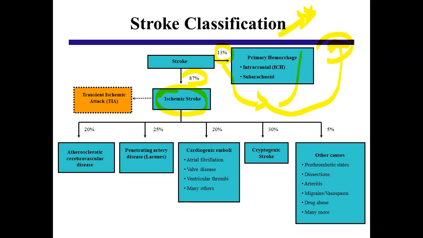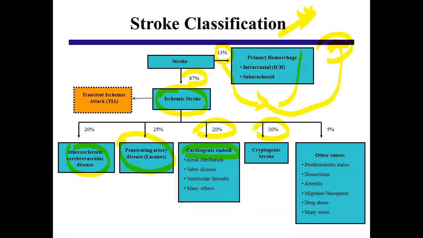Ischemic strokes are divided into different categories. Some are due to atherosclerosis. Some are due to blockage of the deep arteries in the brain. Some are due to cardiogenic emboli, which accounts for about 20%. But around 30% of ischemic strokes are not known.